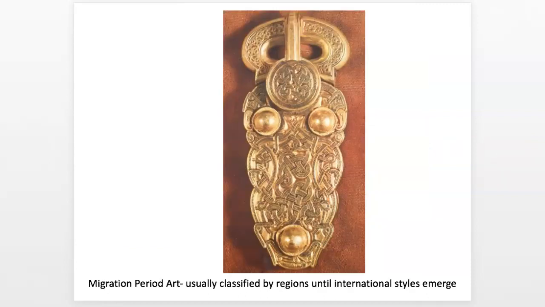And it's usually classified by regions until eventually some international styles emerge in this chapter and the next one. So it's named after things like insular, Celtic, Anglo-Saxon. You'll see different terms we'll use, but they're all basically talking about versions of this migration period art. After Christianization, the migration period art developed into various schools of medieval art in Western Europe.